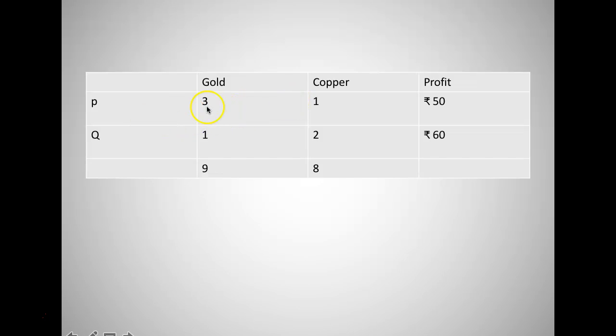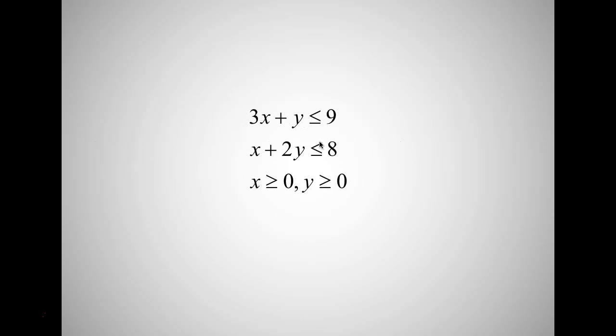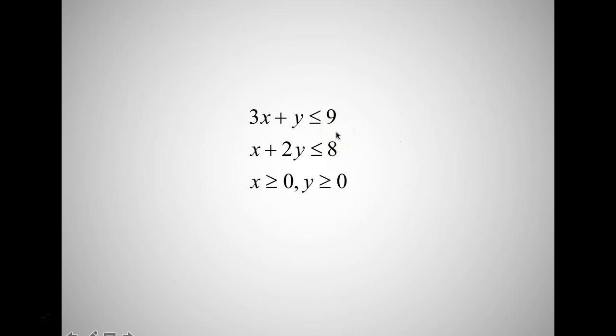P has 3 units of gold, 1 unit of copper, profit is rupees 50. Q has 1 unit of gold, 2 units of copper, profit is rupees 60. And the company has 9 grams of gold and 8 grams of copper. So we would have 3x plus y less than or equal to 9, x plus 2y less than or equal to 8, and the non-negativity constraints, x greater than or equal to 0, y greater than or equal to 0.